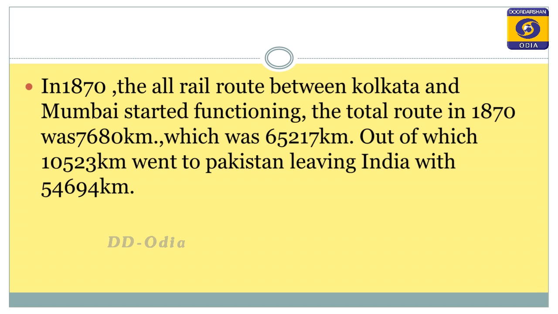The total route in 1870 was 7,680 kilometers, which grew to 65,217 kilometers, out of which 10,523 kilometers went to Pakistan, leaving India with 54,694 kilometers.